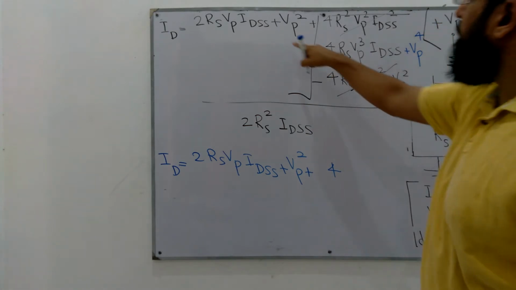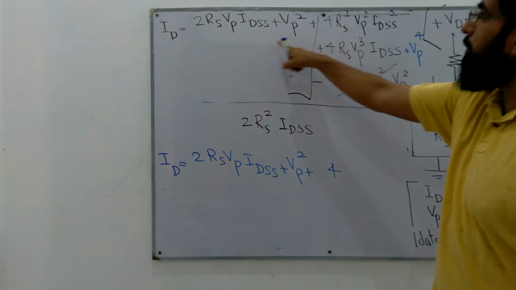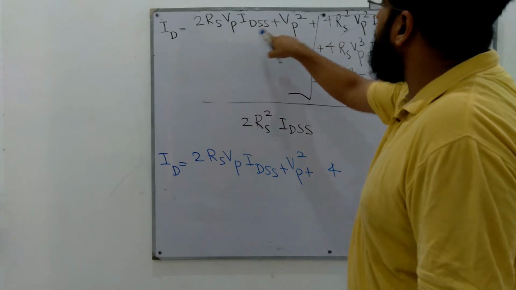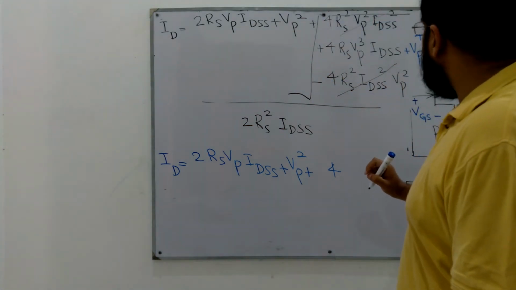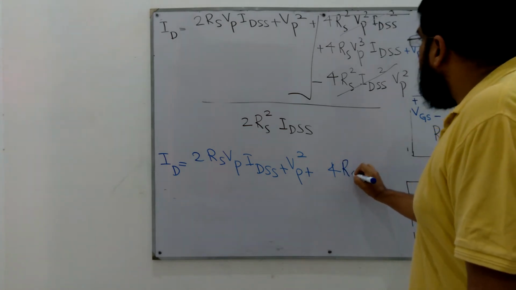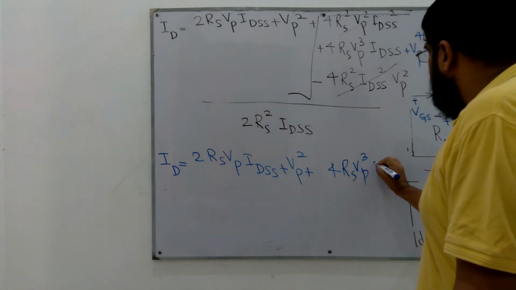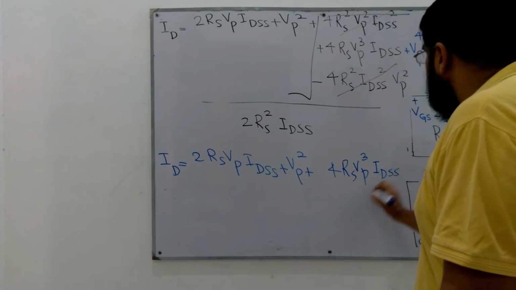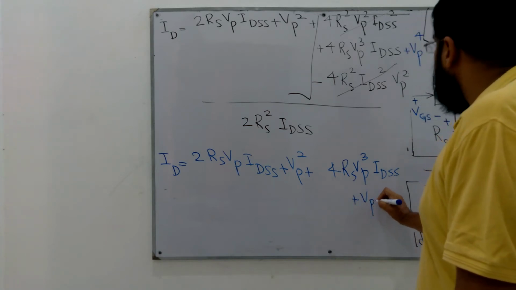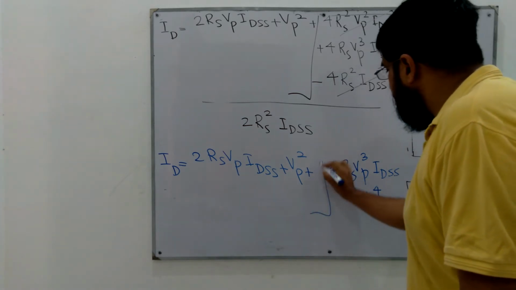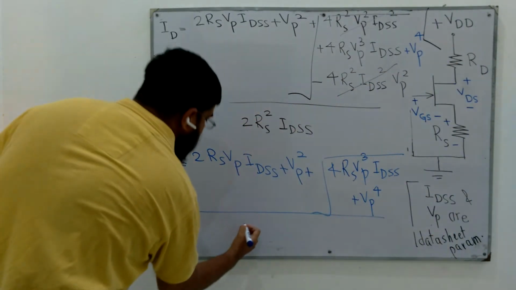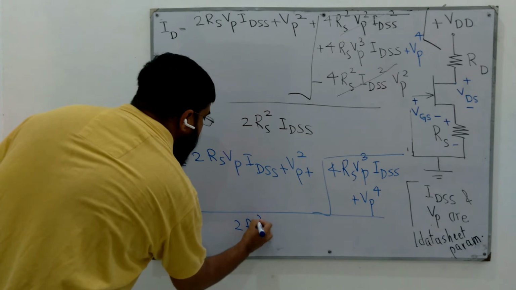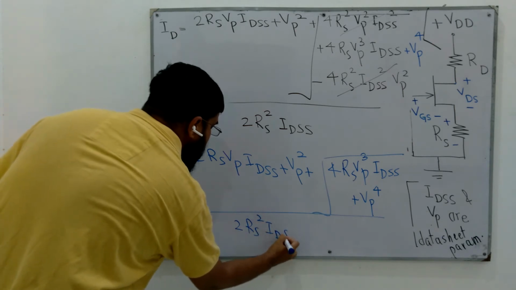We apply a square to this term, so this is this square plus 2 times this quantity plus this square. So we have 4 RS VP cubed over IDSS plus VP to the 4, over this 2 RS squared over IDSS.